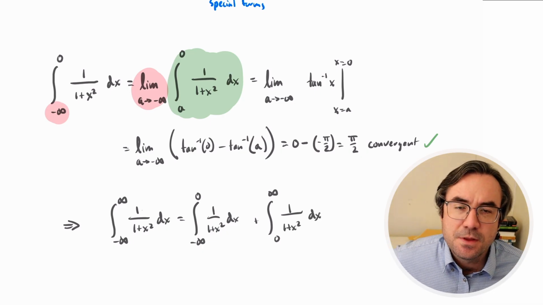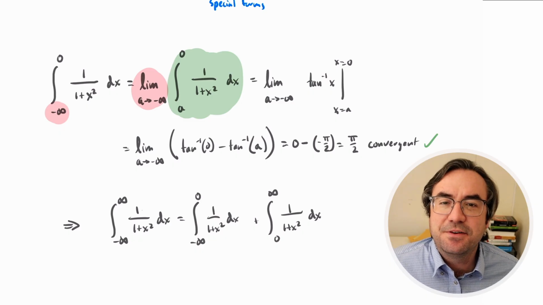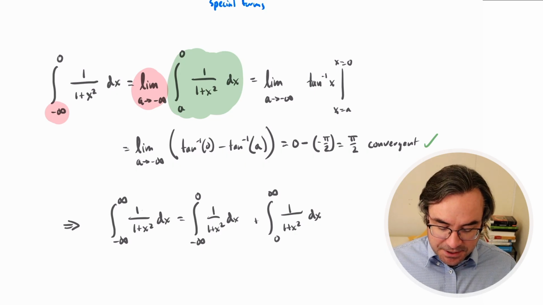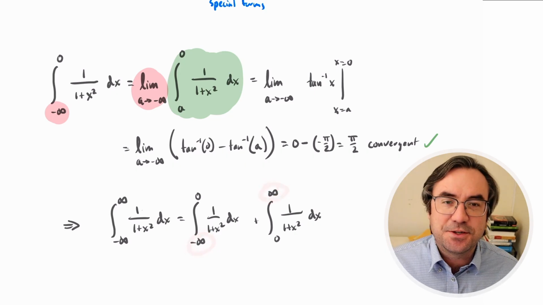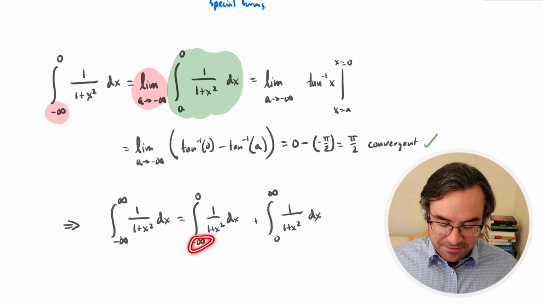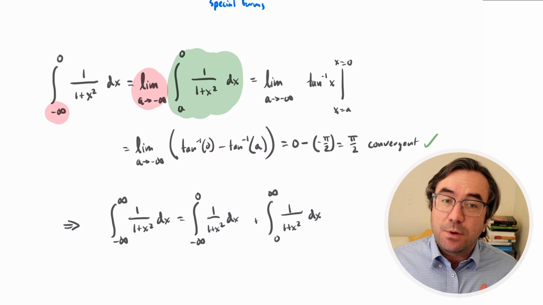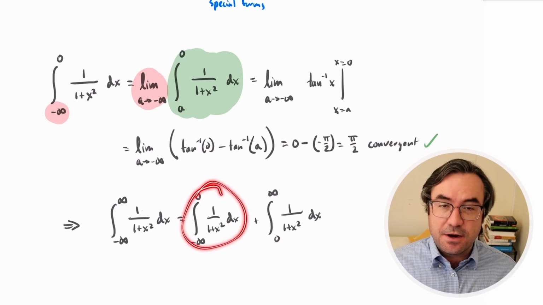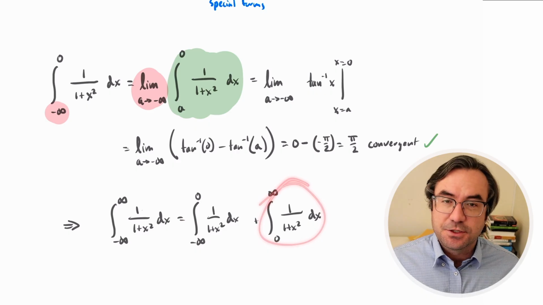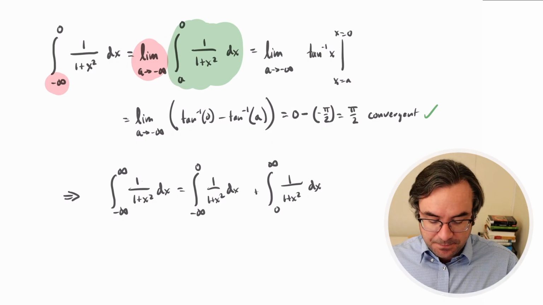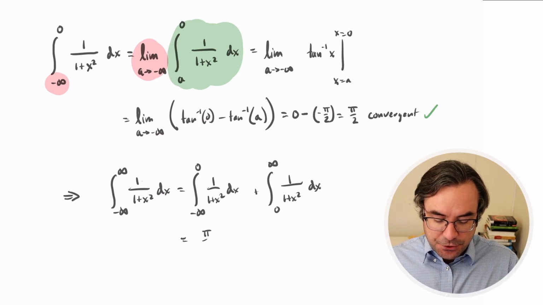That's one of our usual definite integral properties. The only thing is it's not so nice because we have these infinities, so we have to be a little careful here. But what we found is a nice number for each of these. Because we got an actual number, we can just add the two results. So we end up with pi over 2 plus pi over 2, and that's pi.